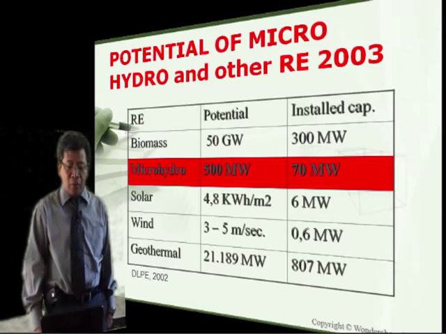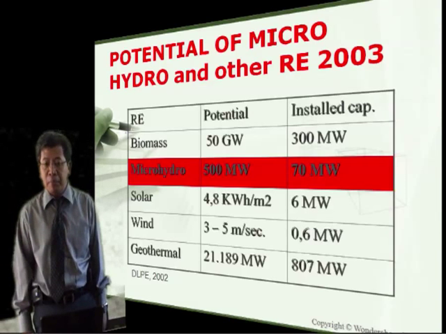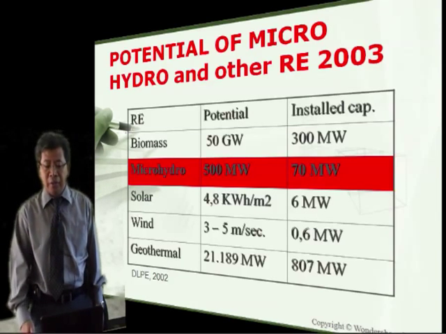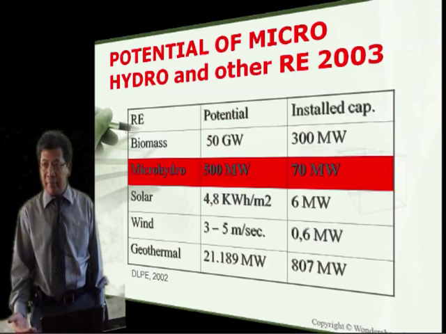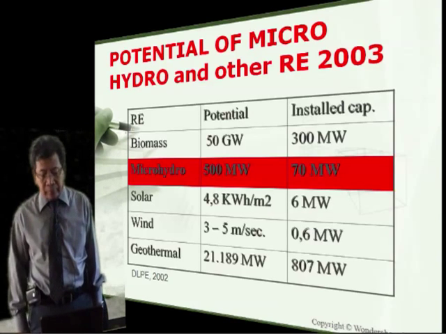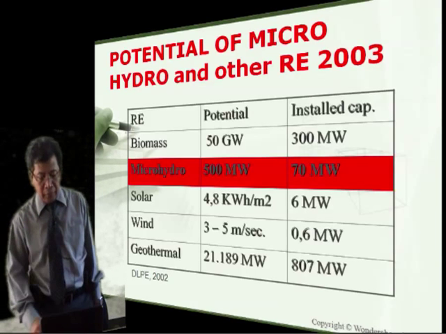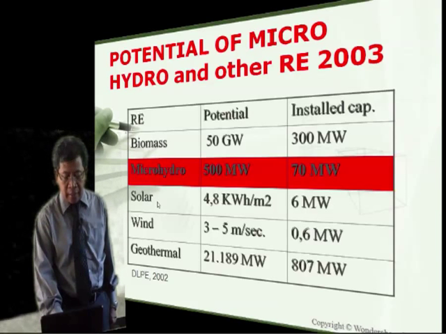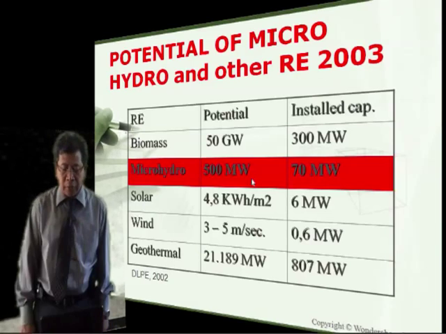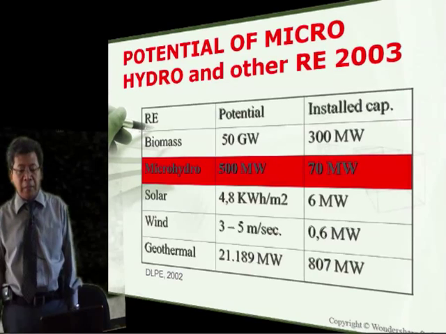Yeah, I think 1 million megawatt can be, because one place in Poso, I told you before, is already 186 megawatt. So enormous potential of microhydro. You can also combine with biomass, solar cell, wind, geothermal. But microhydro, I think, is a huge amount. And in 2003 we have 500 megawatt.